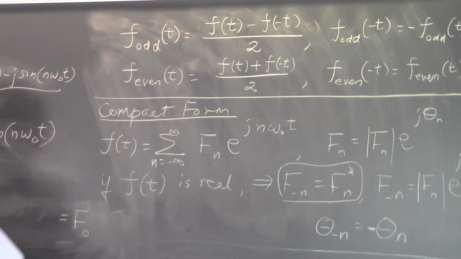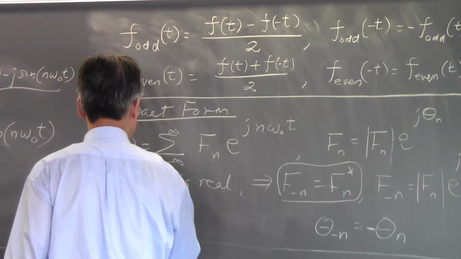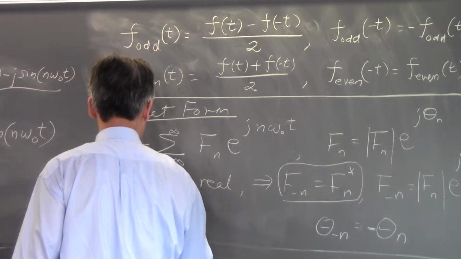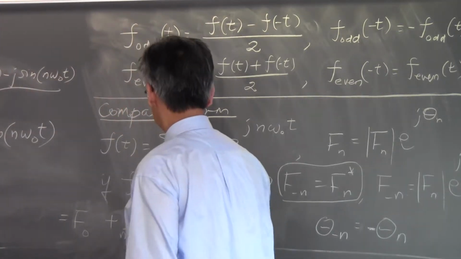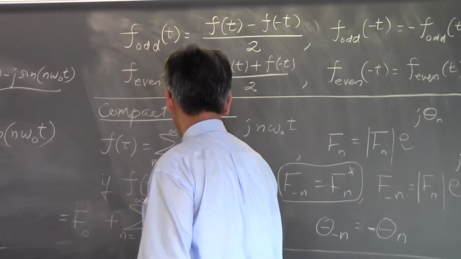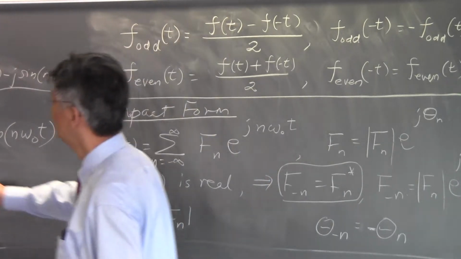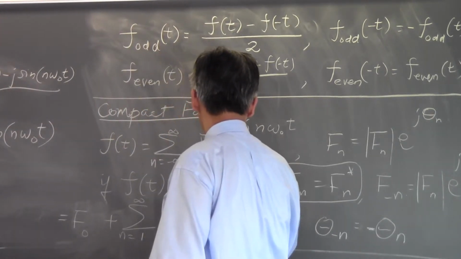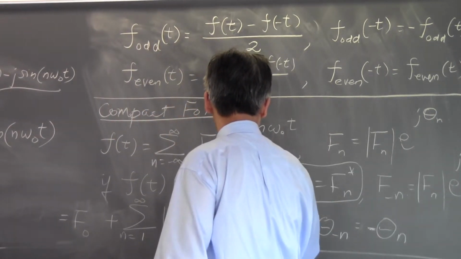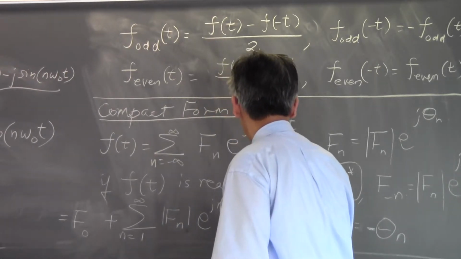And then you can write the leftover term, n equal to 1 to infinity, just like what we had before, except that the first term can be written as magnitude of f sub n e to the j n omega naught t plus j theta of n.